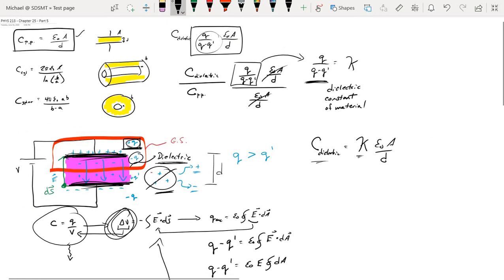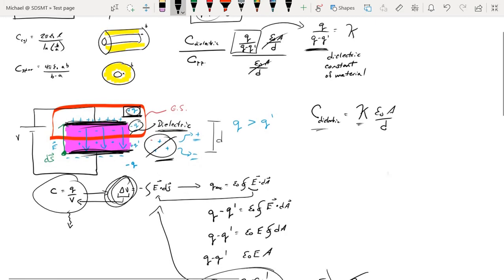Now, we're still using epsilon naught in here. And you might be thinking to yourself, well, I thought he said that once we put a new material in here, we were going to have different behaviors based on that material, because epsilon naught was supposed to be for air or vacuum. And that is correct.